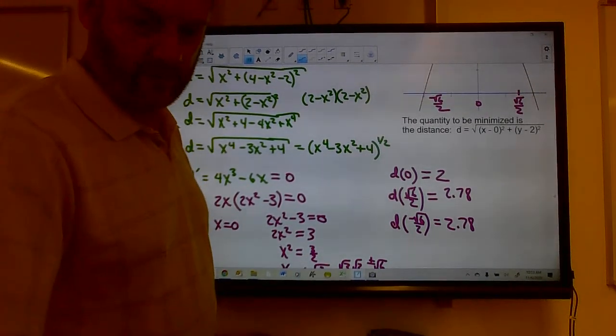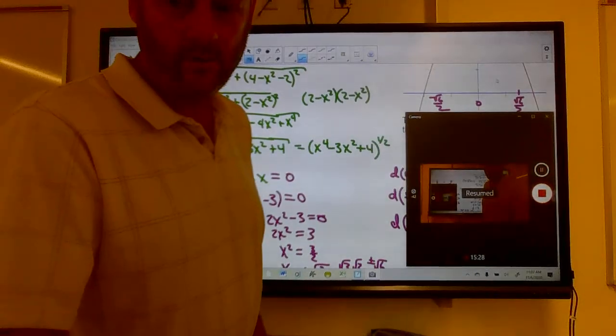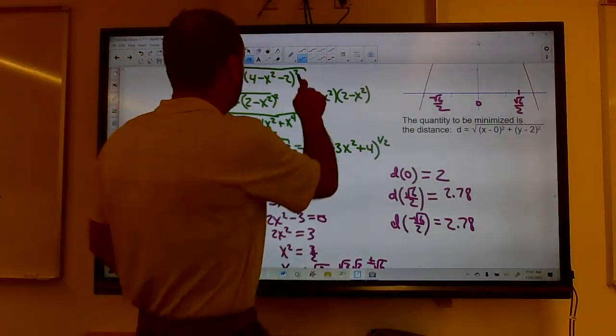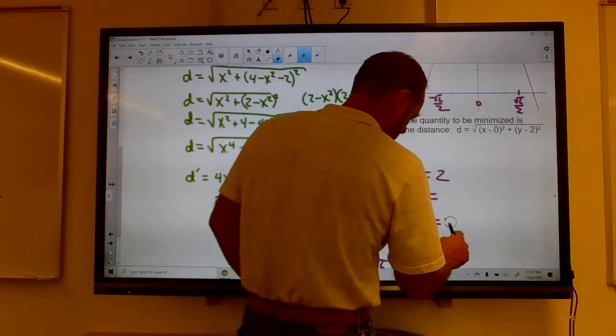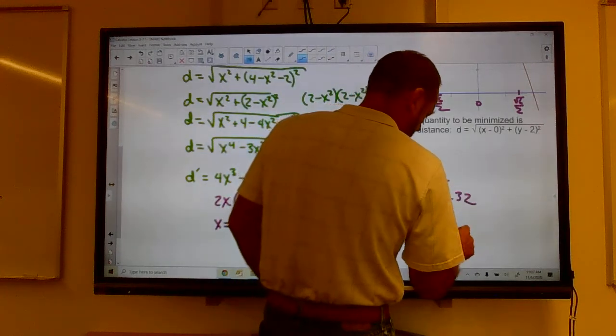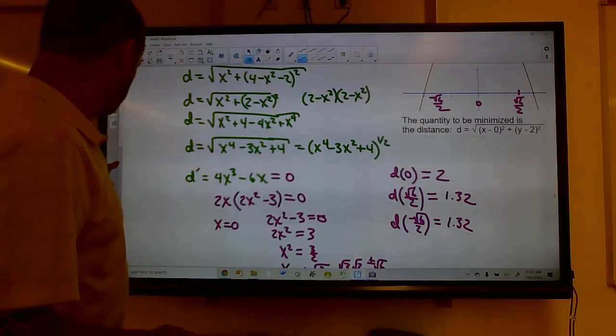Somewhere I have made a mistake, and I need to determine where that is. Okay, found my error here. This is not 2.78. It's 1.32 for both of these. So that's my minimums.